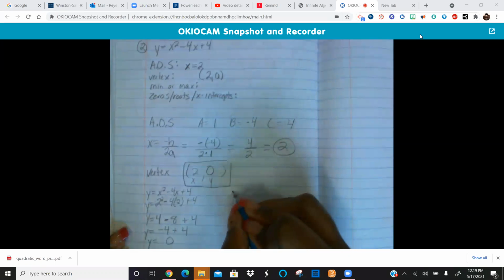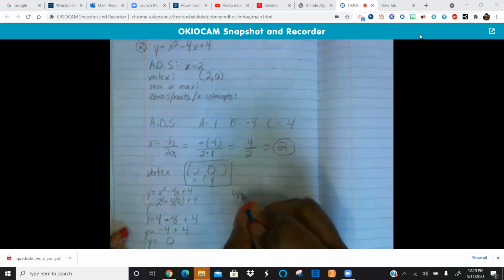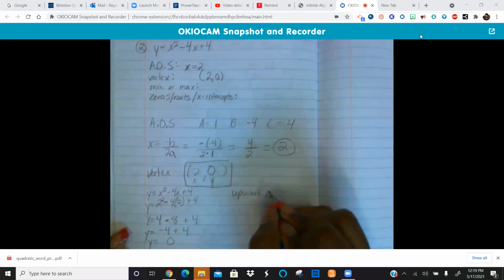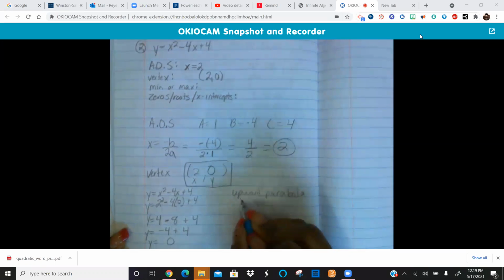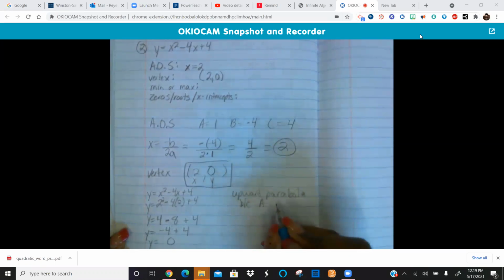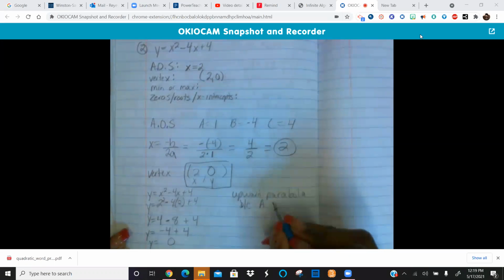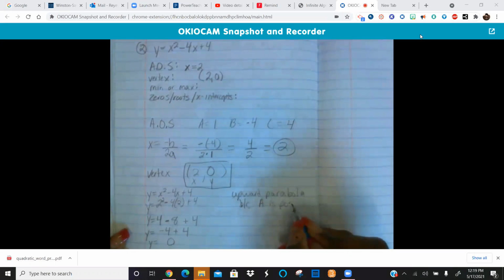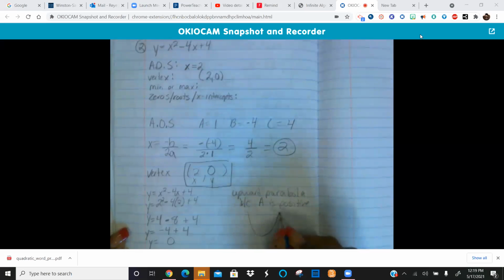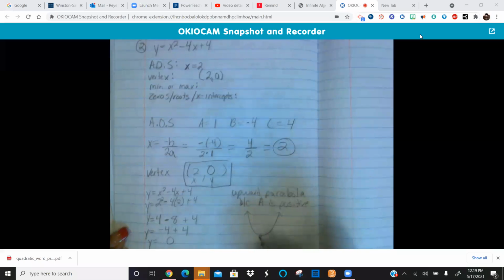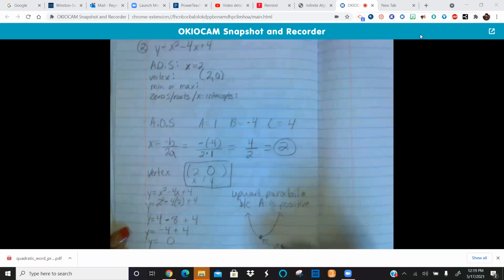So this is an upward parabola because your number for A is positive. That means our vertex is going to be our minimum value.